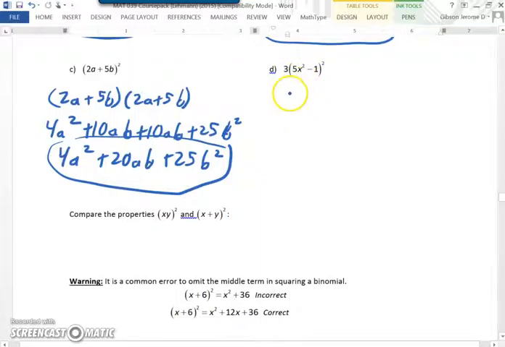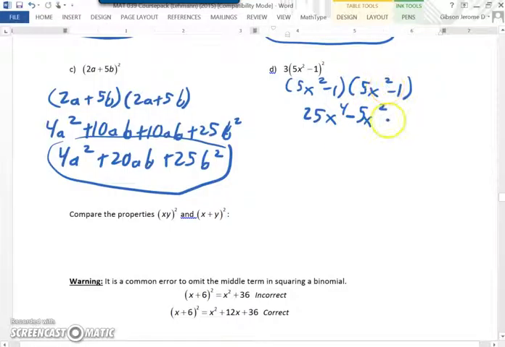Okay, now look at D. There's a little add-in to D. We have this 3 on the outside. So what we need to do, like we did before, let's concentrate on the parentheses. So we have 5x squared minus 1 times 5x squared minus 1. 5x squared times 5x squared is 25x to the 4. 5x squared times the negative 1 is negative 5x squared.